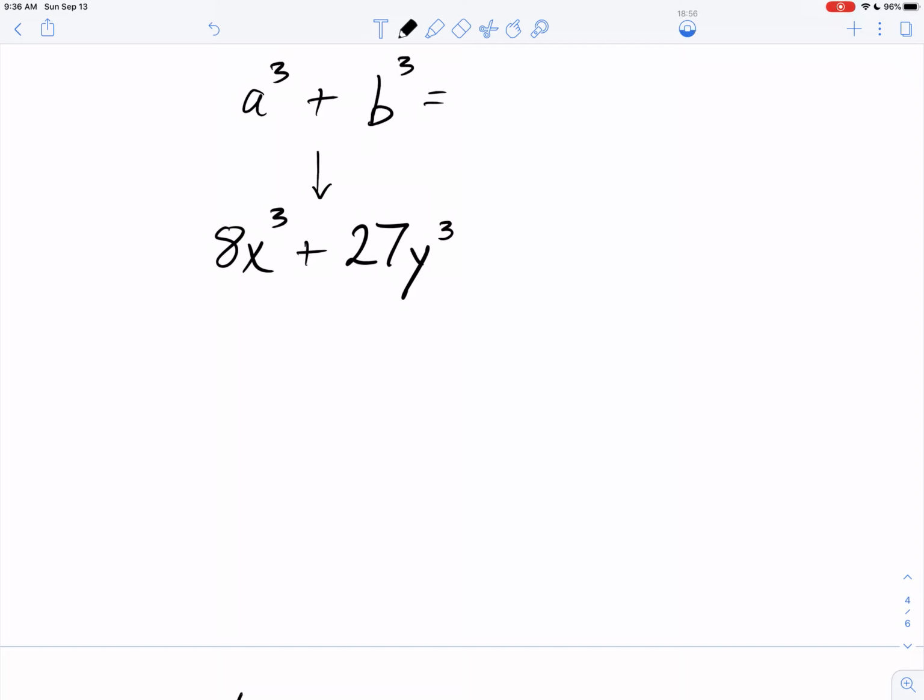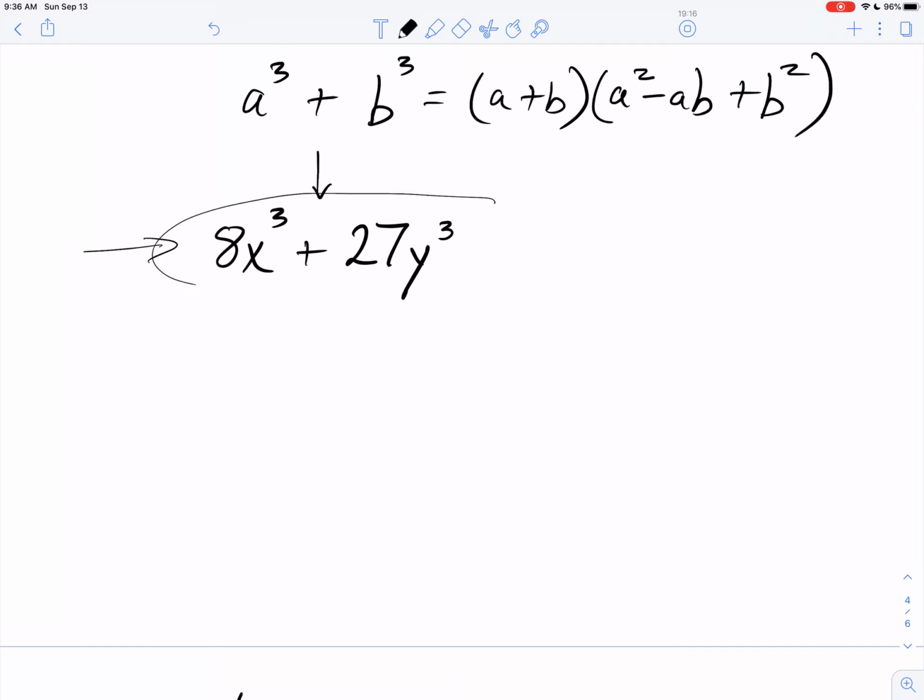So the sum of cubes is this one, where it's a plus b times a squared minus ab plus b squared. And that's what that formula looks like. So, just to get it through your head, this is what the question looks like. When we break it down into this, that's what the answer looks like. So, let's begin.